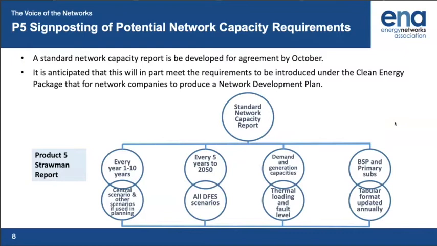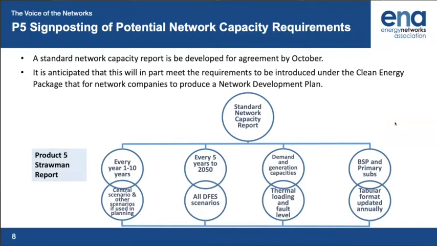So for the first 10 years, it might show a set of capacity requirements, which it does for every year, 1, 2, 3, 4, 5, 6, 7, 8, 9, 10. And it'll base those on some sort of central forecaster scenario. And then moving across, after the first 10 years, let's say 2030, 2035, 2040, right out to 2050, it'll produce some information for all of the DFES scenarios.